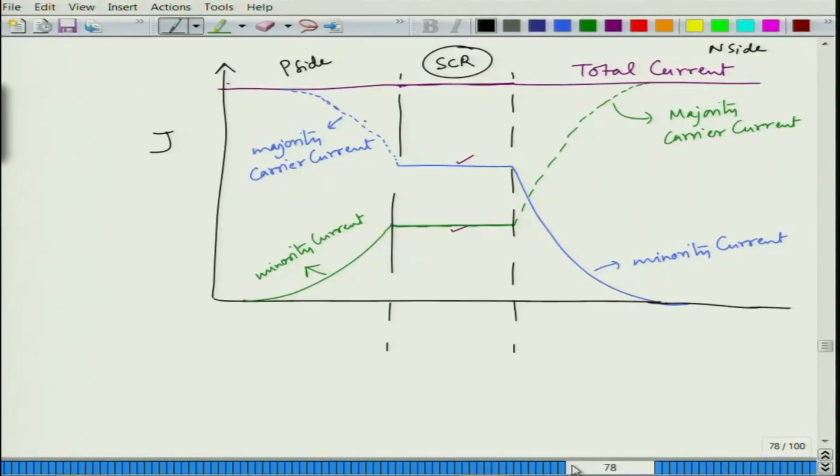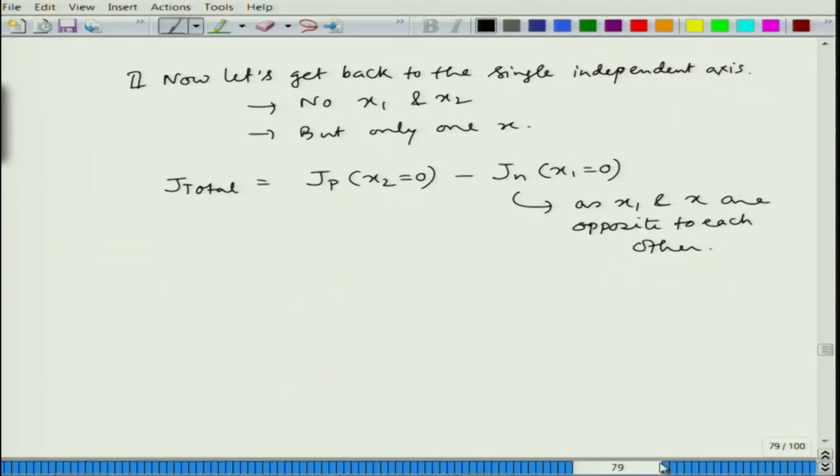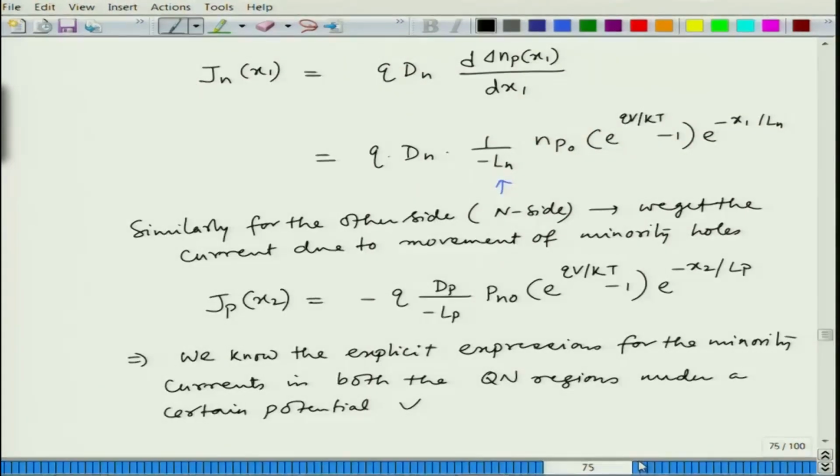So, this single x is giving us the adjustment of the minus sign. This is for coordinate transformation from x1 to x, nothing else, and we have obtained the expression for Jn and Jp.